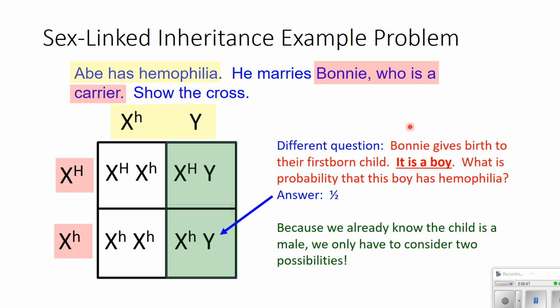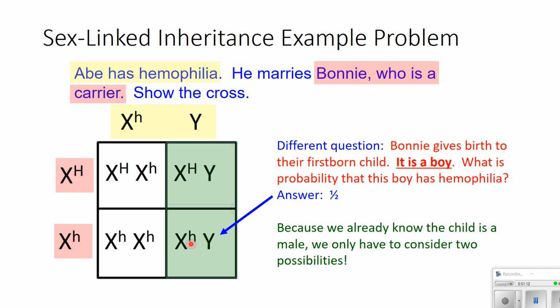The difference is the way this is worded, the kid has already been born. We know it's a boy. So do we really need to consider these 2 possibilities? No, because these are girls. If we know it's a boy, he's either this or this. So his probability of having hemophilia now is a 1 out of 2 chance.